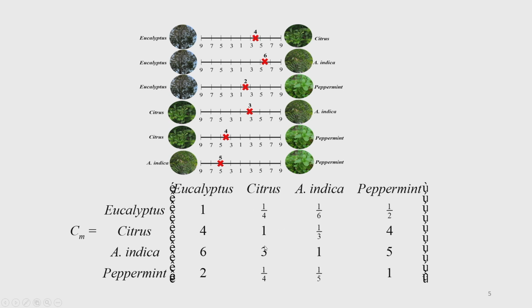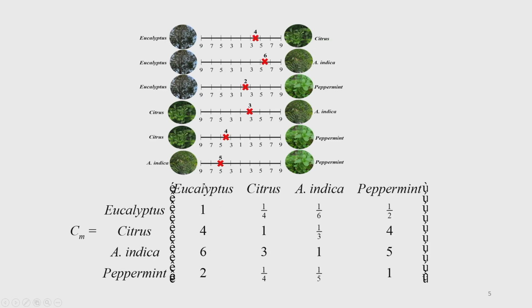So this is the type of matrix you make, and then you sum the columns, the ranking. You got 13 for eucalyptus, citrus got 9 by 2, A. indica got 17 by 10, peppermint got 21 by 2, and then you have done the sum.